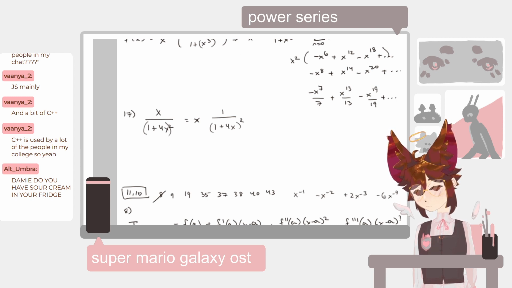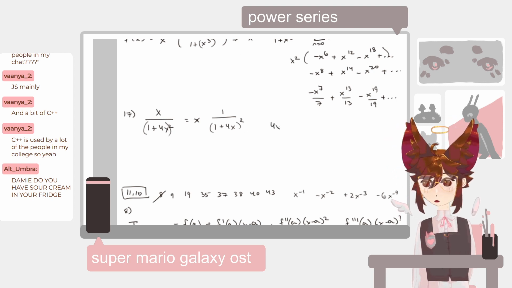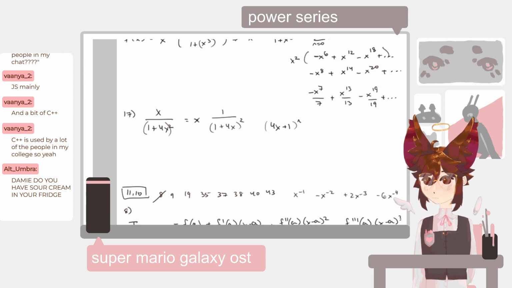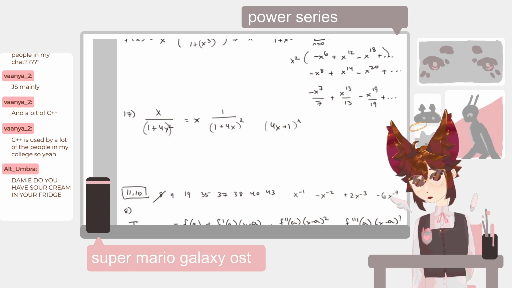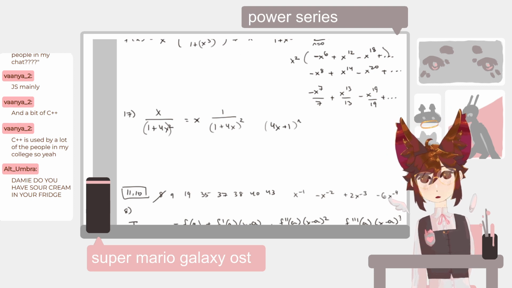If it's like... So if it's 4x plus 1 to the n? No. Wait, if it's that, then it's... Oh, wait, can I pull out a coefficient?